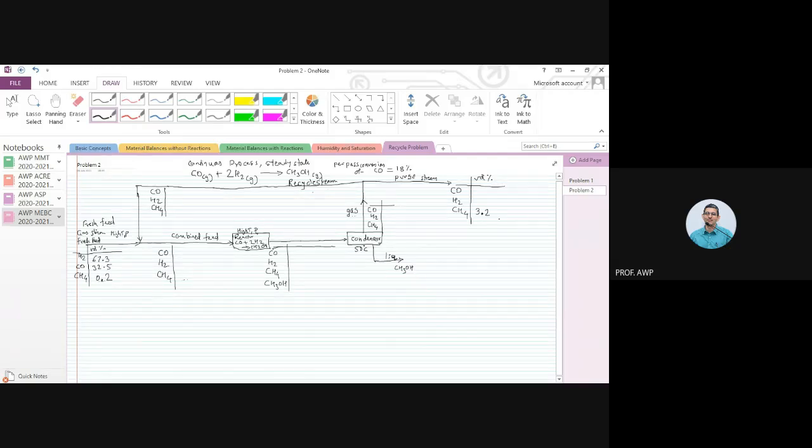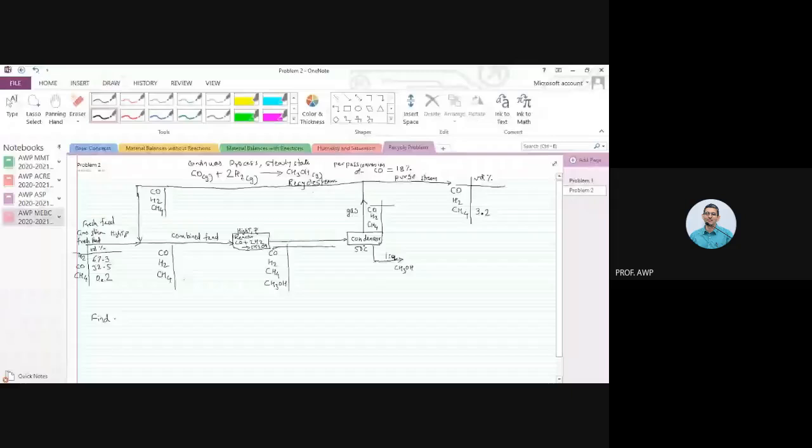All right. Is the problem statement okay so far? Here is what you need to find. Find out quantities and compositions of all streams per 100 moles of the fresh feed.